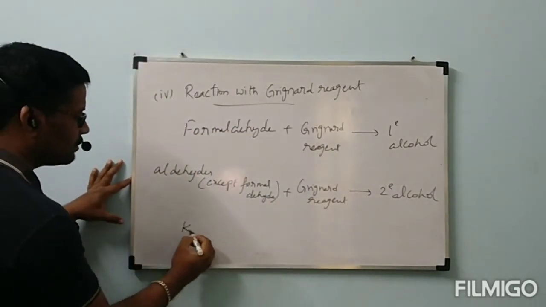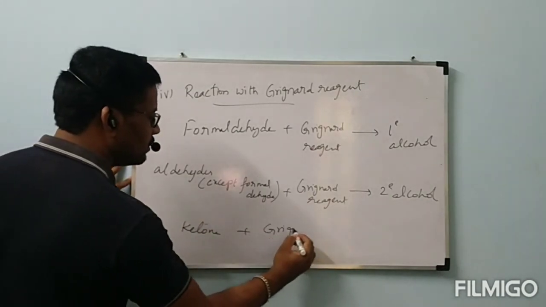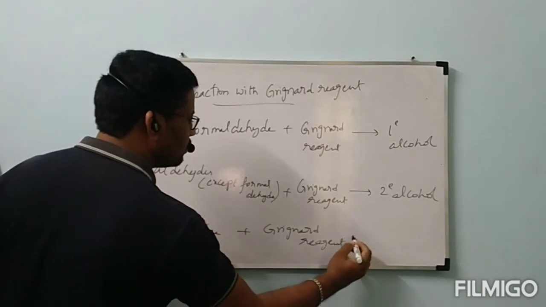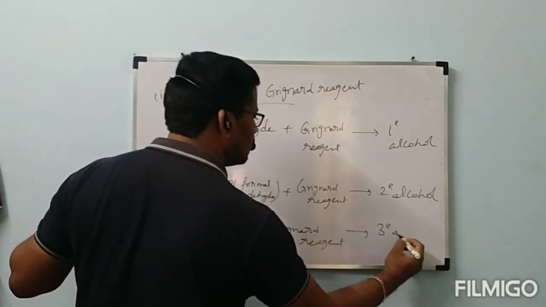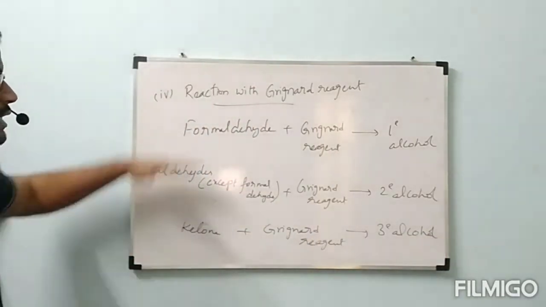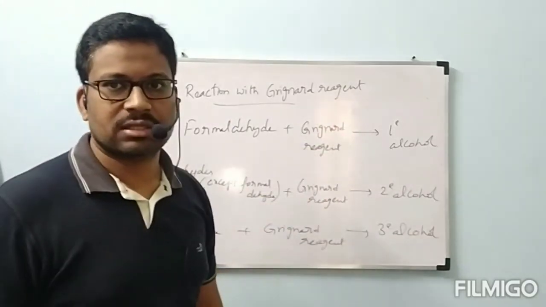Next, ketone reacts with Grignard reagent, and we will get tertiary alcohol. In this way, aldehydes or ketones react with Grignard reagent to form alcohols.